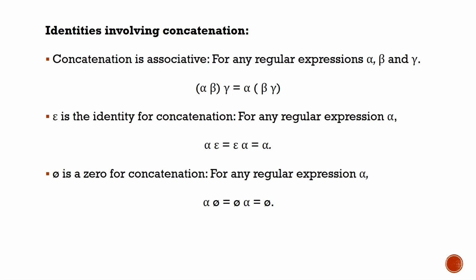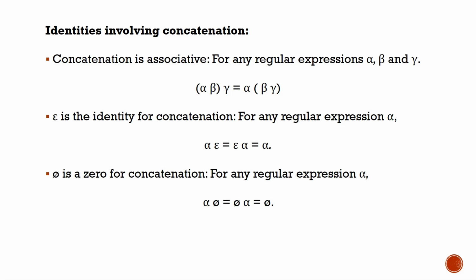Fine. The next one: as null is the identity for union, here epsilon is the identity for concatenation. That is, alpha concatenated to epsilon, or epsilon concatenated to alpha, is equivalent to alpha. But when we do the concatenation of the null, the result is null.